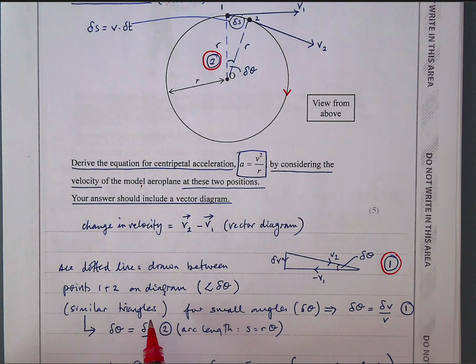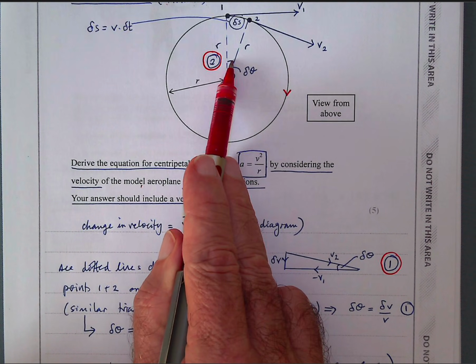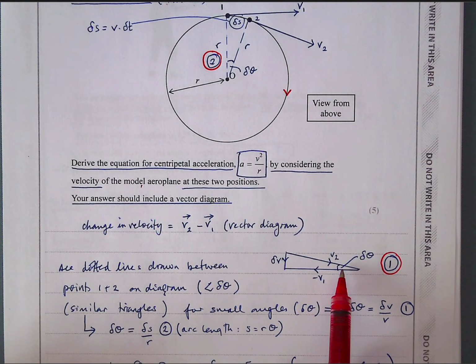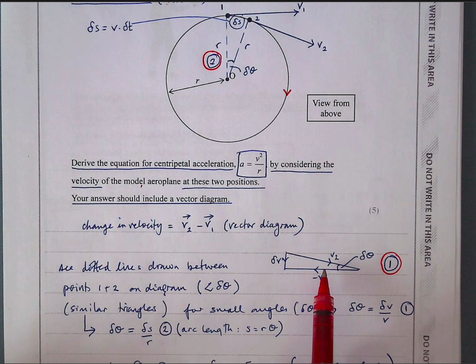I think it's the easiest way of doing this derivation. The angle between them is delta theta, and in the vector diagram it's a similar triangle. The delta theta will be the same between the two velocities in the vector diagram. It's going to help us.